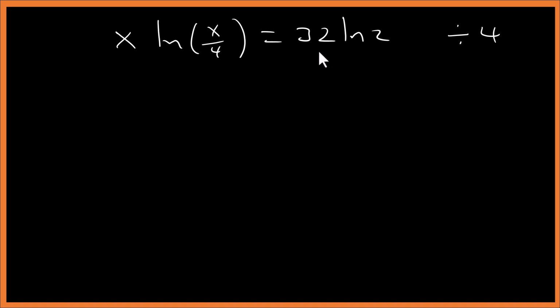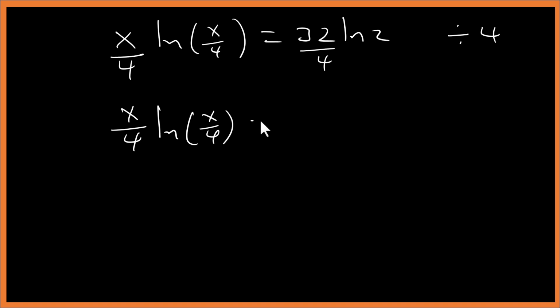Now I want to make this side and this side equal. So over 4 over 4. So that will be x over 4 ln of x over 4 equals 8 ln of 2.